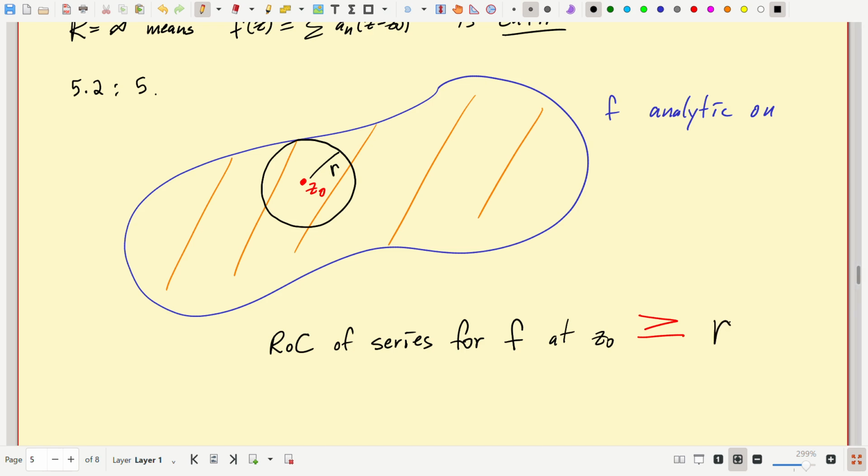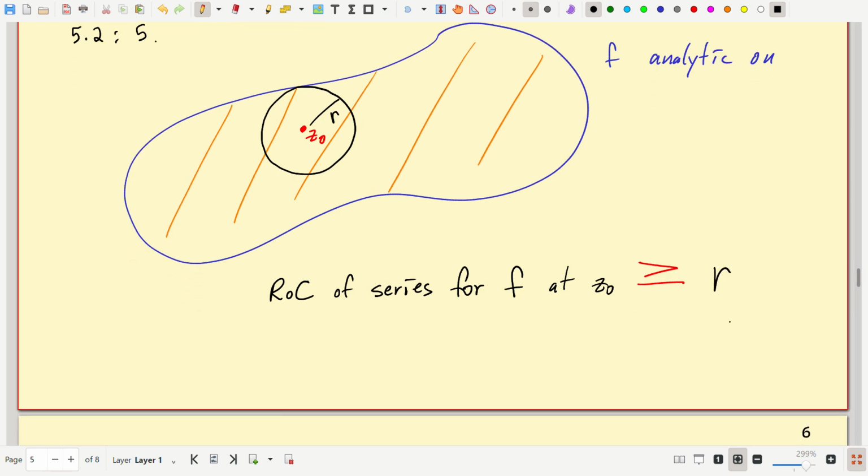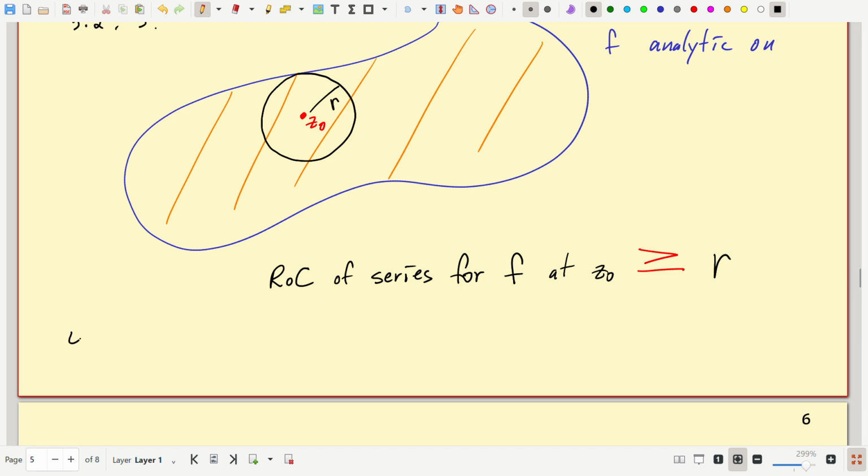Well, if that function has a pole someplace, so I saw one of your examples was 1 over 1 plus z. And where's the center for that one? 0. Okay.